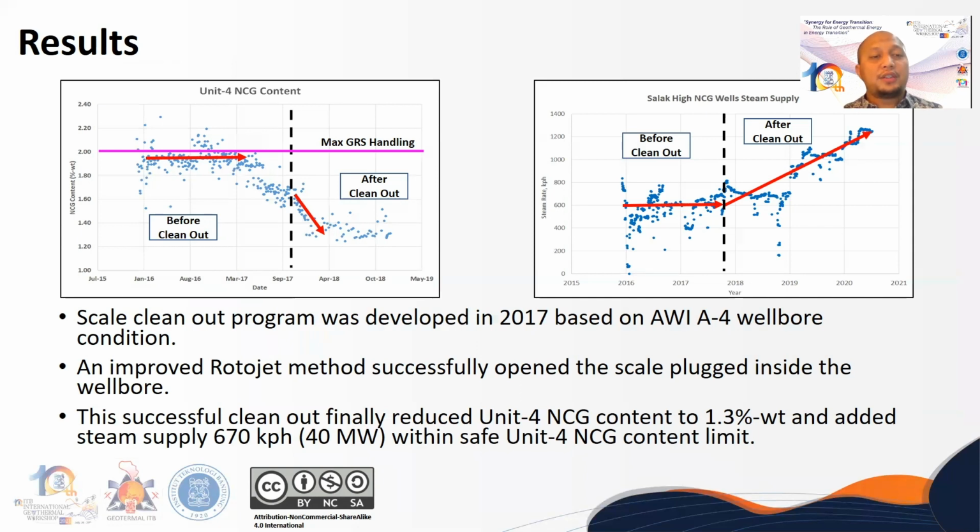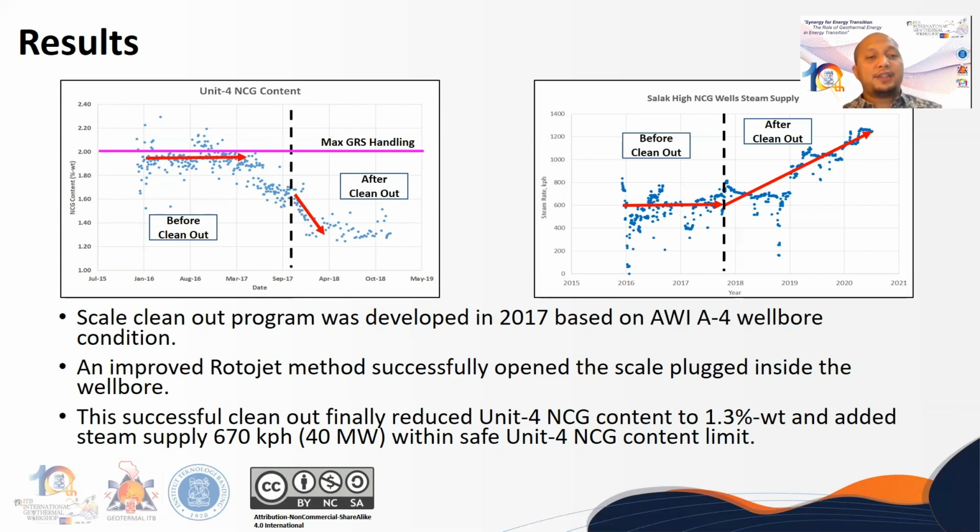Based on that evaluation summary, a scale clean out program was developed in 2017, and then we used an improved method of rotorjet to try to open the scale plug inside the wellbore of Awi-4.